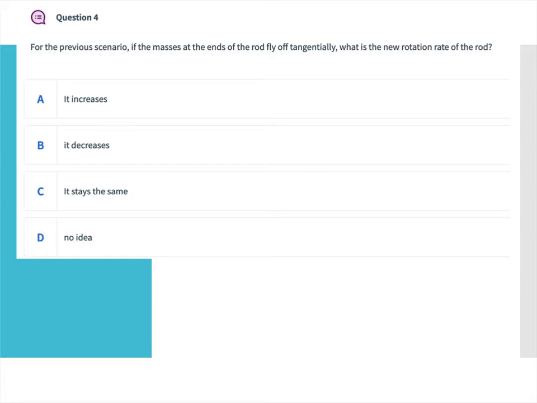Now, what happens if they fly off? So here, the idea is that the masses, as it rotates, are not being held onto the rod. So if everything is rotating like this, what if one mass goes like this and the other one ends up going like this?